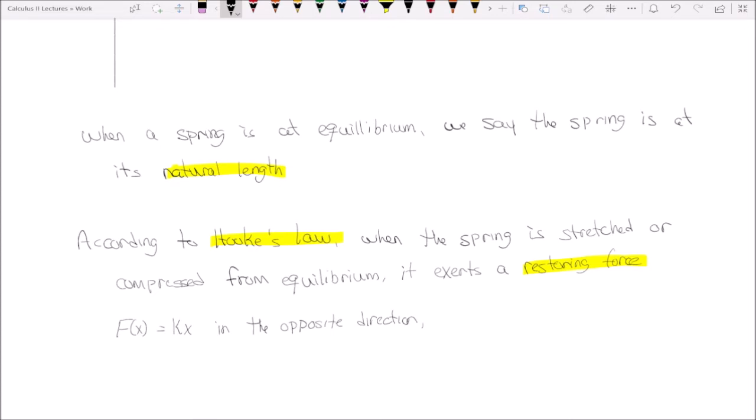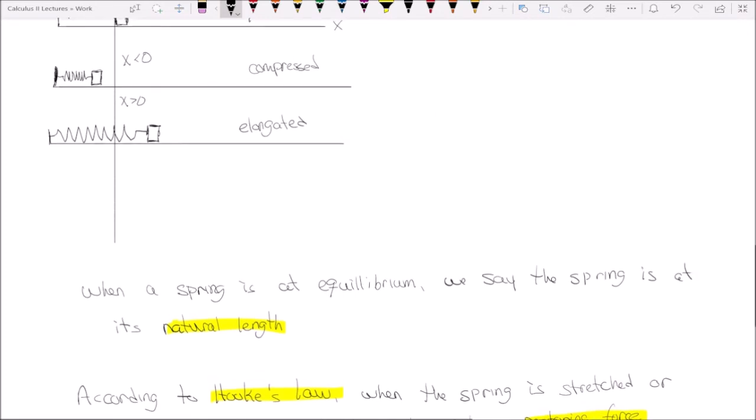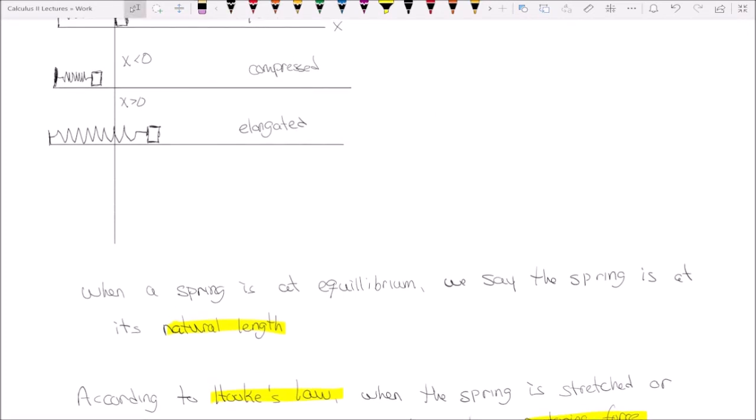Right, in other words, if you're compressing it, as in here, then the restoring force would be in this direction. If you're elongating it, the restoring force would be in that direction. So, compressing it, the restoring force wants to elongate it back to equilibrium.